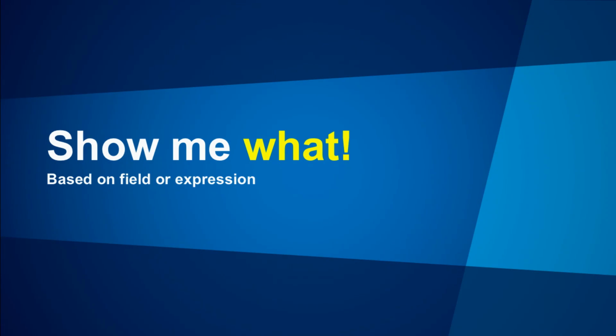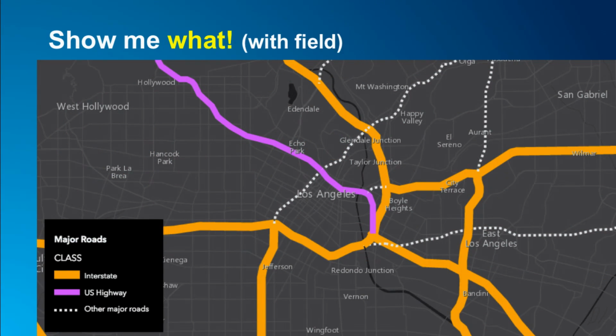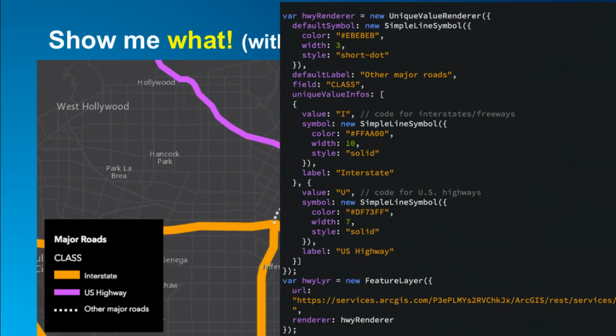Okay, now show me what something is. So here we have an example of major roads, and we've just broken it down into 3 classes. Yep. So if you hit the next one to show the code snippet, again, this goes to show how nice this API is compared to our 3x series.